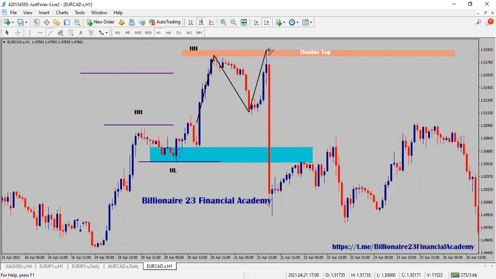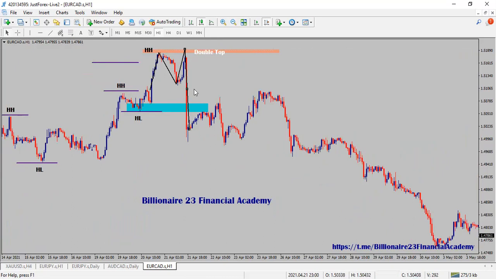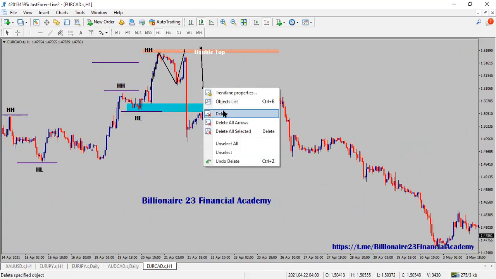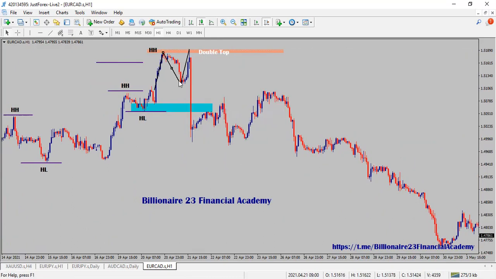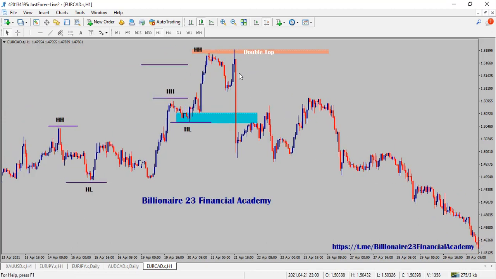And then double bottoms are just W formations, it's the opposite. So this is what I mean by M formations. That's a double top. That's one way the market can give you an early reversal signal.